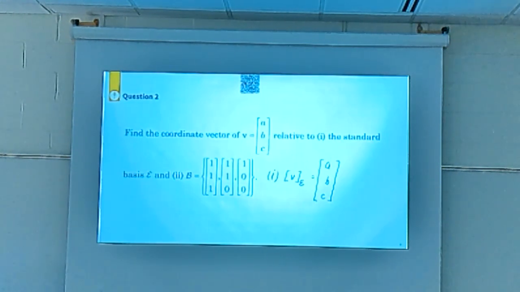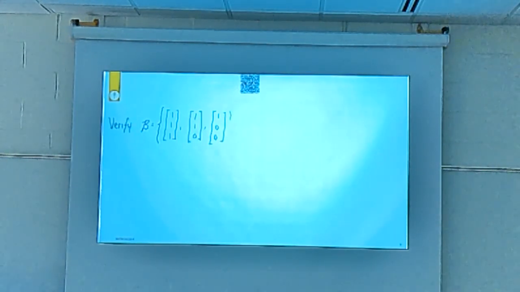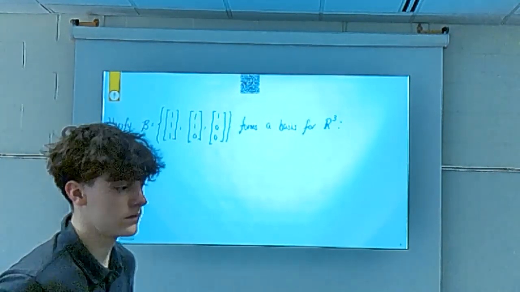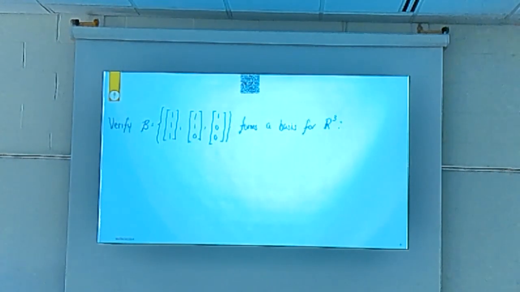First, let's again do the same thing we did before. Let's actually verify that that does indeed form a basis for R3. What is the augmented matrix we're going to be setting up?